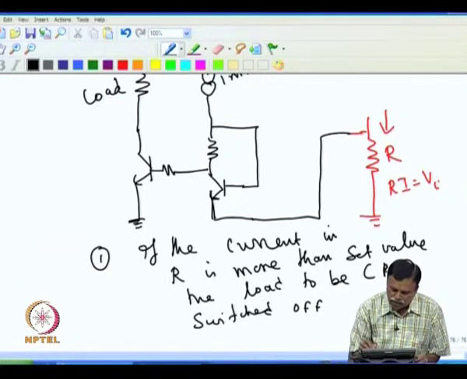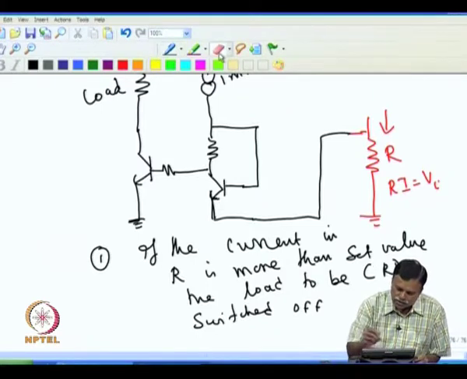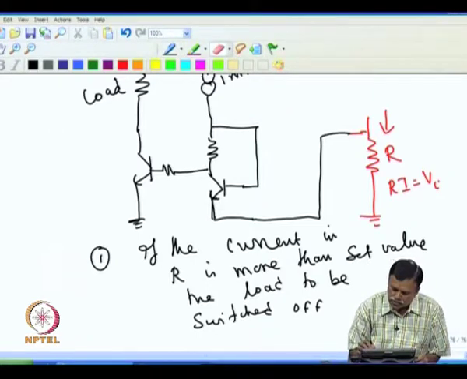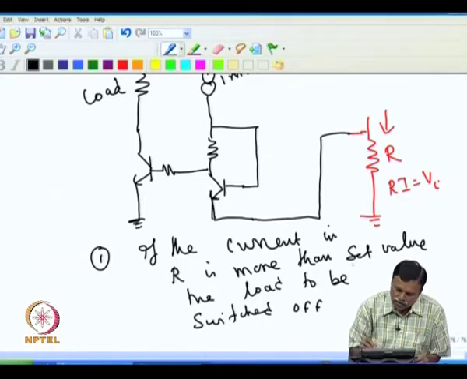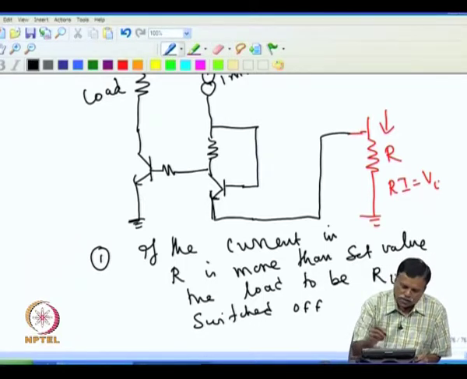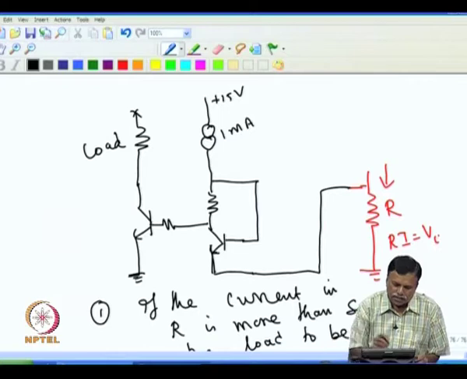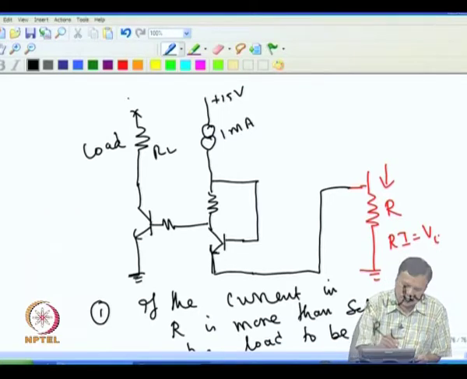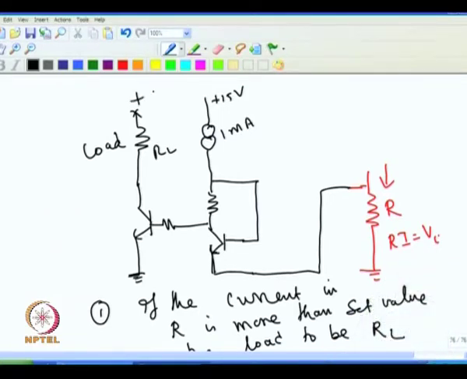So, this is RL, also assume that it is connected to plus. We name these resistors R1 and R2. This is transistor T1, this is transistor T2.